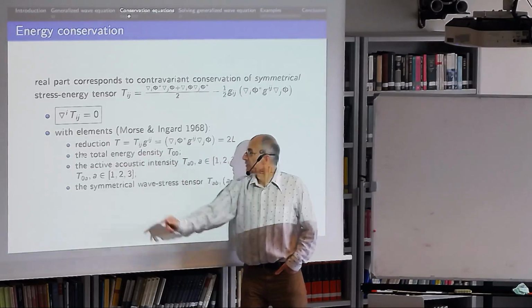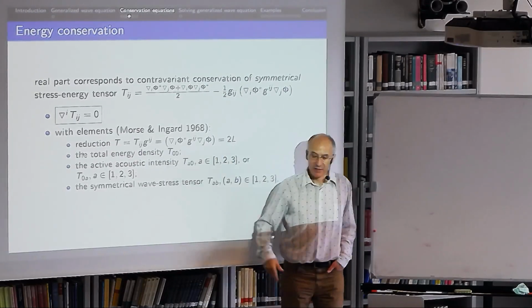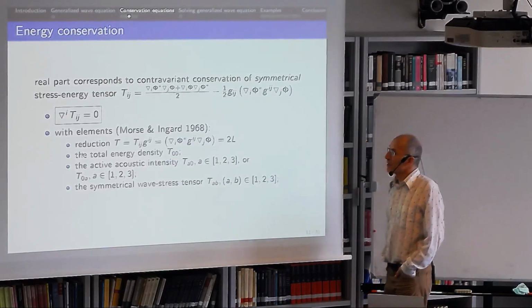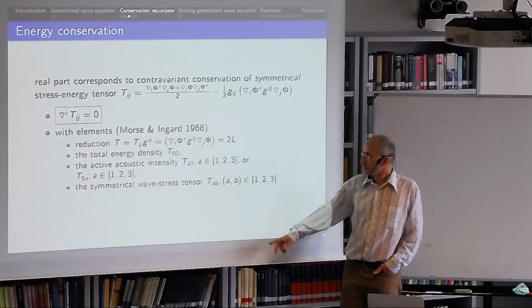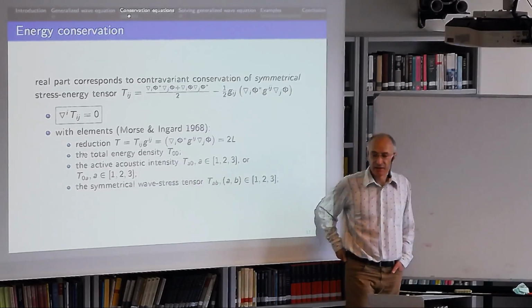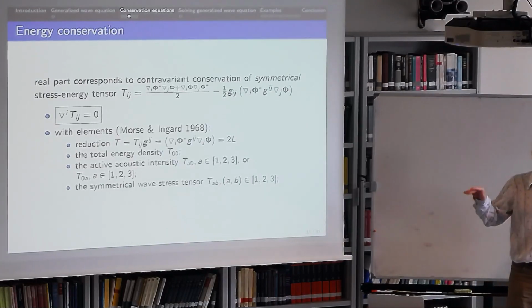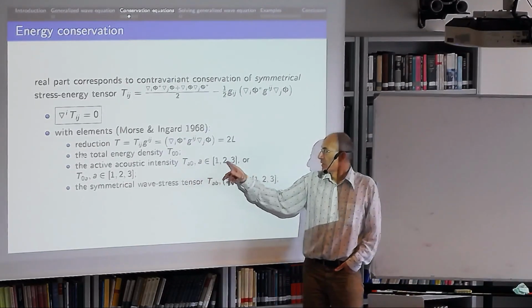The reduction T is just a Lagrangian. The total energy density is the first element on the diagonal of the stress energy tensor. The active acoustic intensity is all the elements on the first line except the first one, where a is 1, 2, or 3.